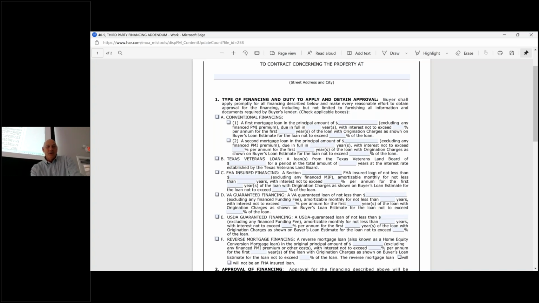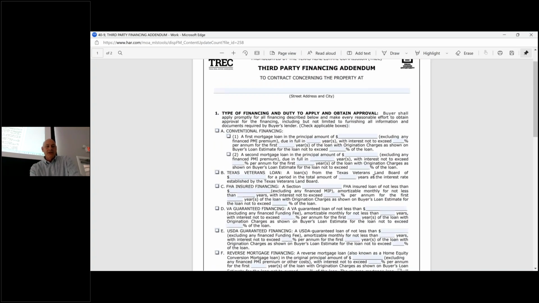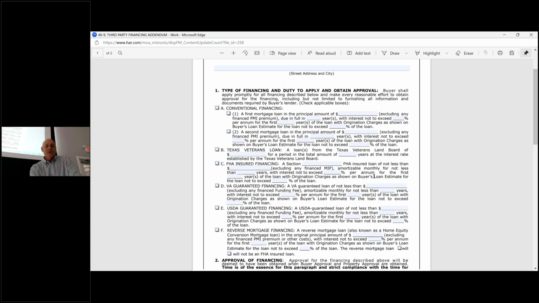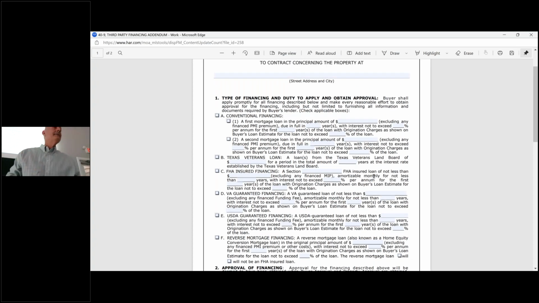All right, third-party financing addendum. First of all, you put in the address of the property, then you indicate the types of financing you're going to apply for. And this is a little-known fact. Many agents think you can only check one type of financing. But let me read this to you, as I've had to read it to other agents who objected when I submitted multiple checks. Listen, buyer shall apply promptly for all financing described below.